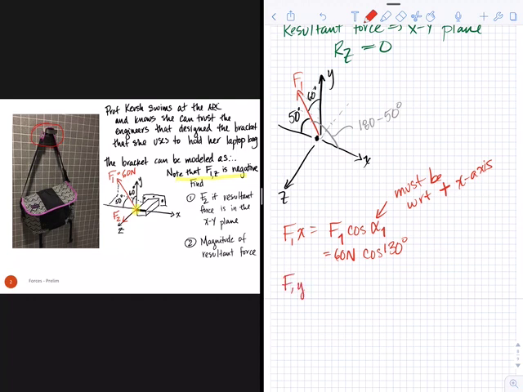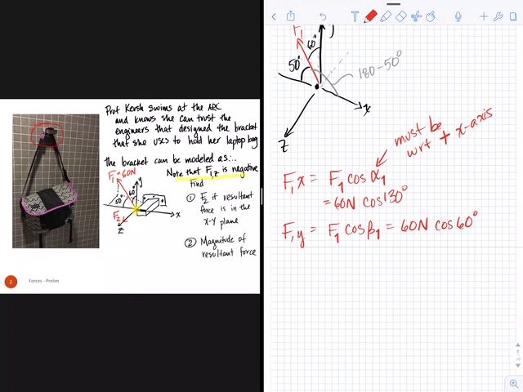The F1y is a little bit more straightforward. So this one's going to be the 60 again. So I'll write out the equation for you. F1 cosine, I guess we can call that beta 1. And beta 1 equals 60, right? 60 newtons cosine 60. That's going to get you some answer. And now F1z, the z component, is F1, which we know, but it's cosine, whatever the gamma 1 is.